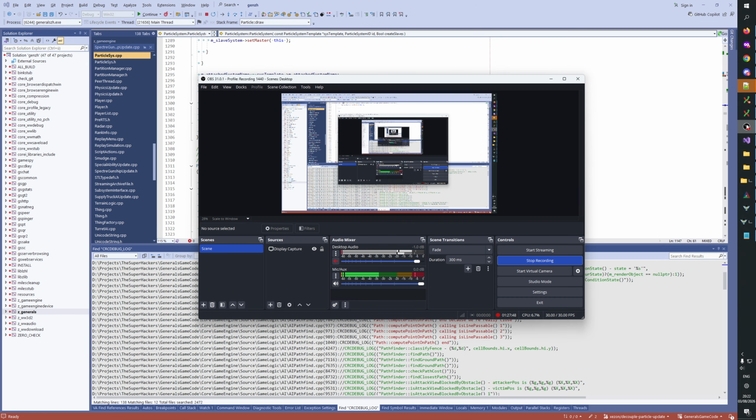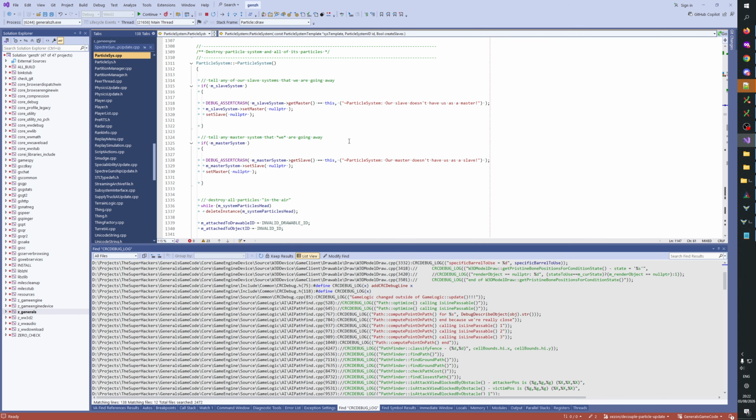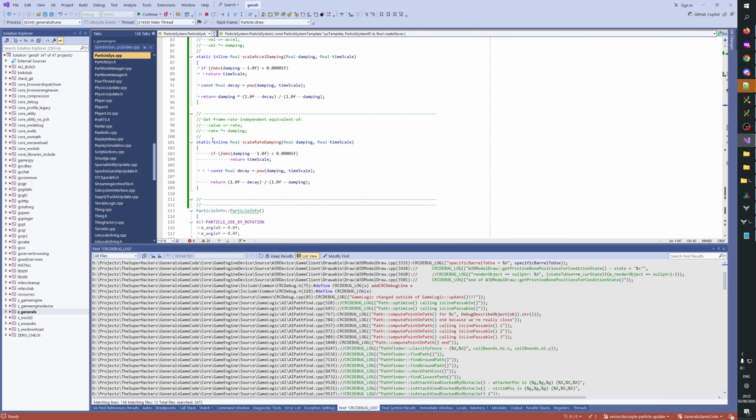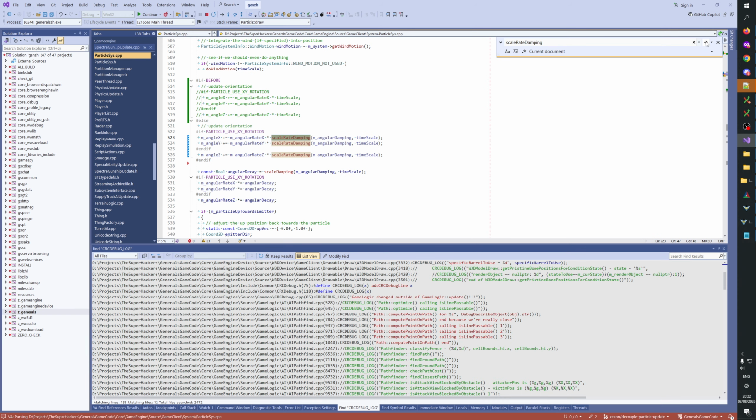What's the time? Yeah, I don't know. It's an interesting question. Why can't we see any difference between these things?